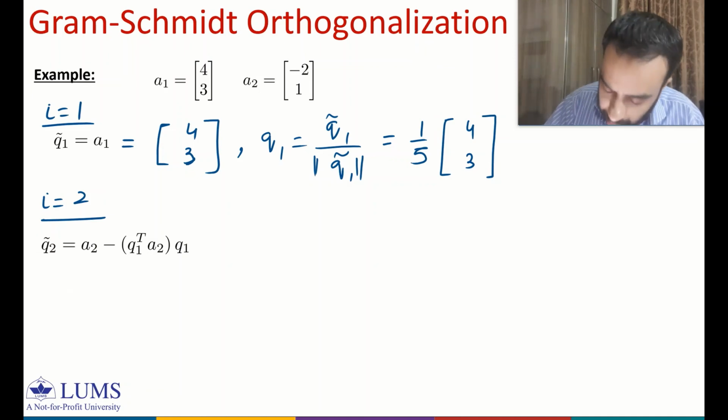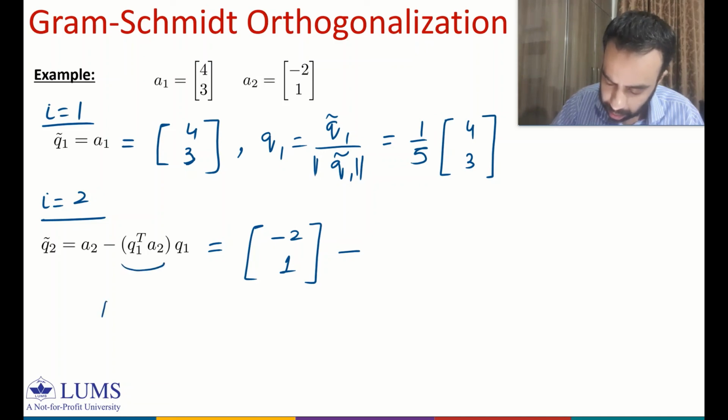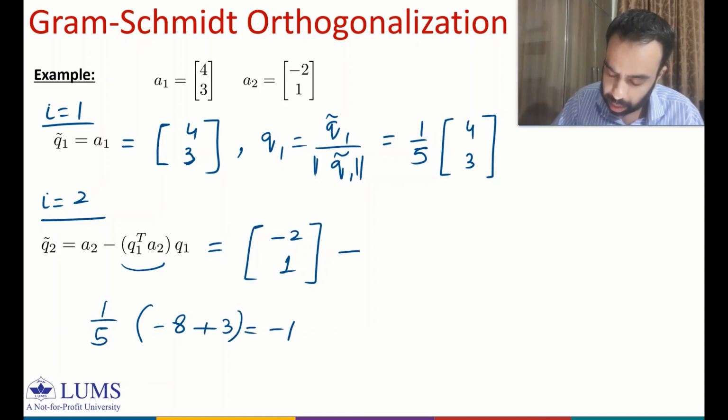So that is (minus 2, 1) minus Q1 transpose A2. Q1 is 1 over 5 times (4, 3), and A2 is (minus 2, 1). So you get 1 over 5 times (minus 8 plus 3), which is minus 1. So this inner product is minus 1.